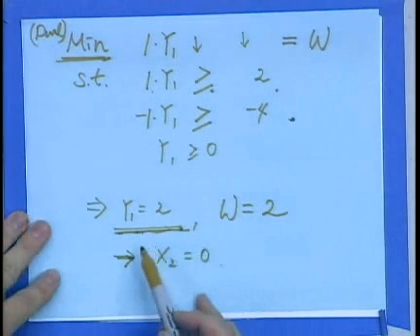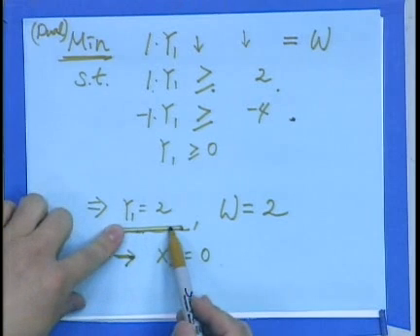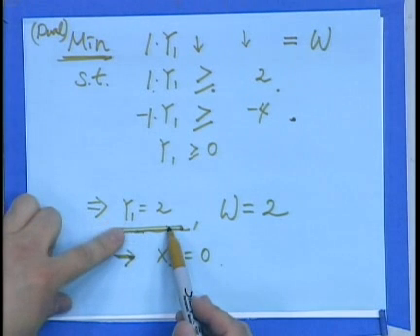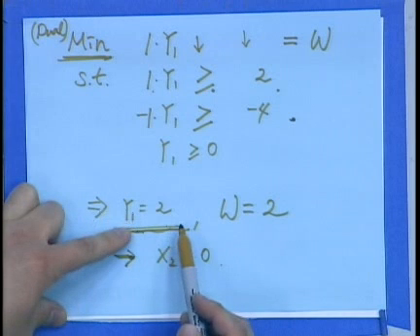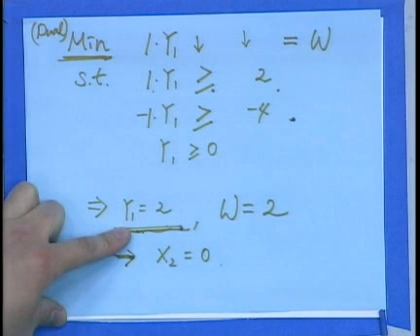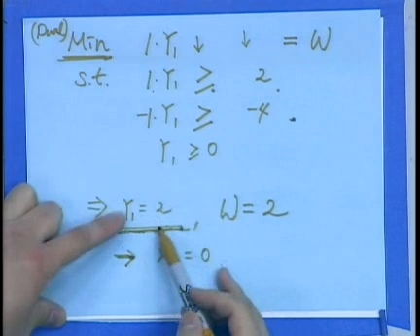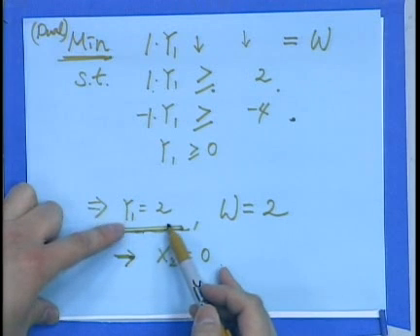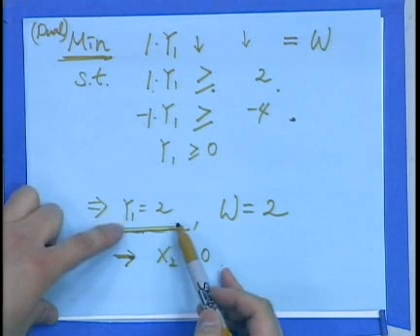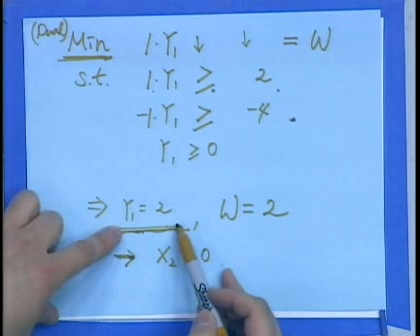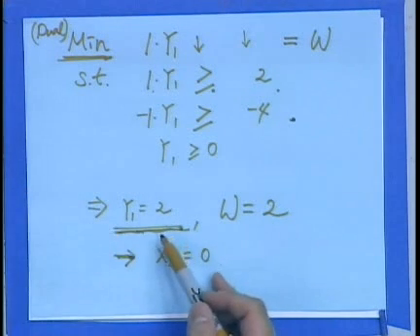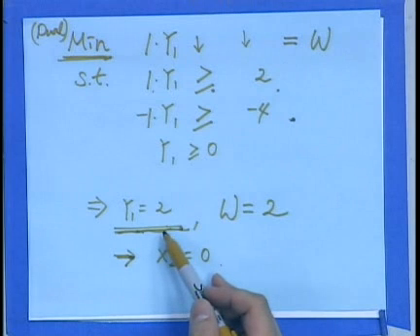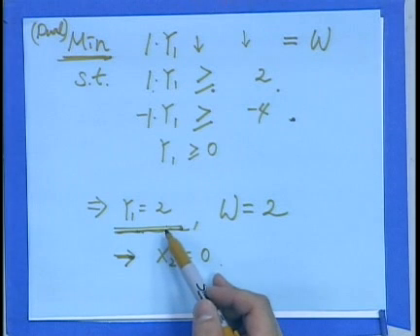So at the dual optimal point, y1 equals 2, the dual variable y1 has a positive value. Is that correct? It's obviously positive, right? Which means the corresponding primal constraint has an equality sign. Is that right?